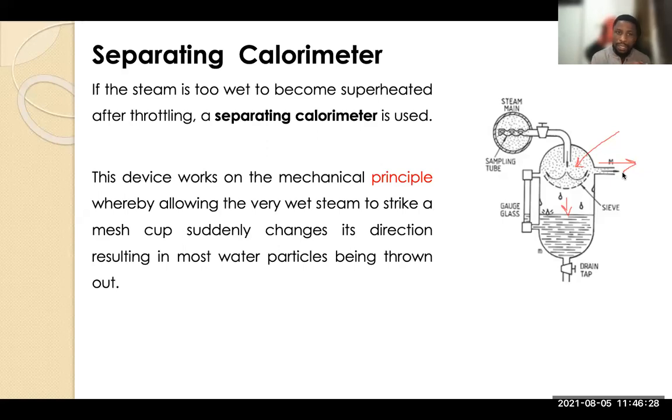So we've talked about the principle, how it works. Then another thing you want to ask yourself is, does it also have a drawback or a challenge, as we saw for the throttling calorimeter? Yes, it does. What is the challenge of this?